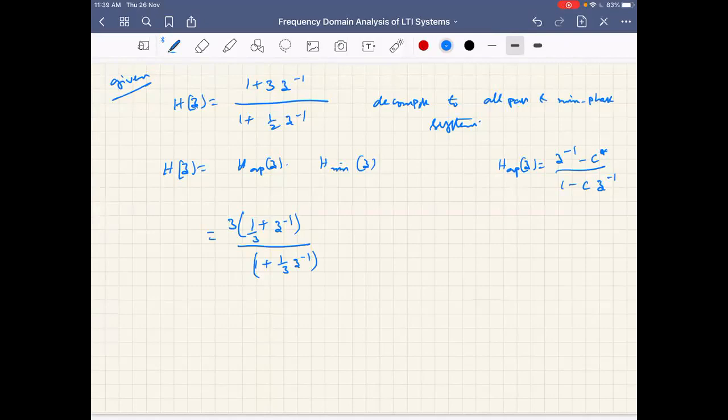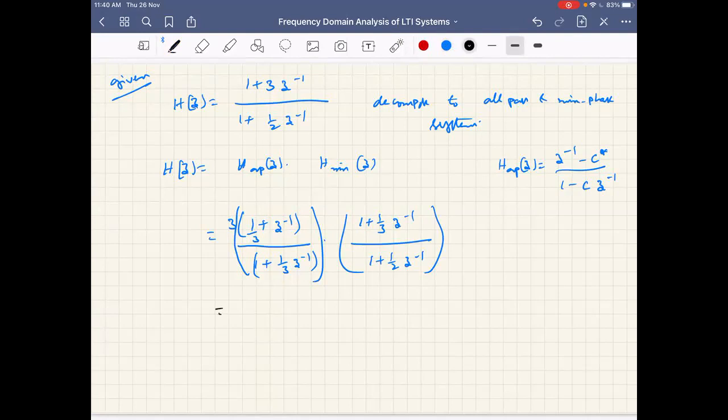So we have written now in all pass structure. After taking 3 out, we have written the denominator exactly that results in an all pass system. Based on the numerator, I have written the denominator. It's not there in the original system, but I have written it to construct an all pass structure. The same new denominator is the additional term that has come here, so I will write 1 plus half z inverse. Now you can see that this first term is all pass.